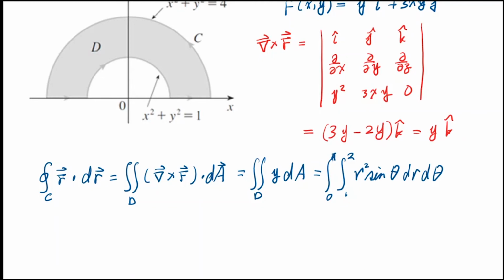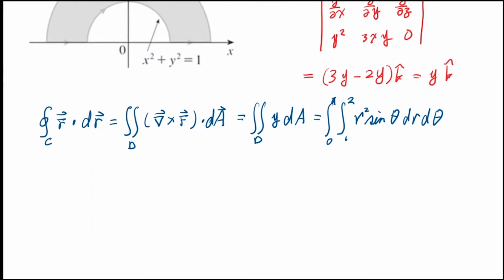This is still infinitely easier because this is just one integral, isn't it? Okay, now 0 to pi of, now this is r cubed over 3, 1/3 r cubed, evaluated from 1 to 2. And then we still have sine theta. Do you want me to evaluate both integrals at the same time because they're kind of independent of each other? You like that idea better?